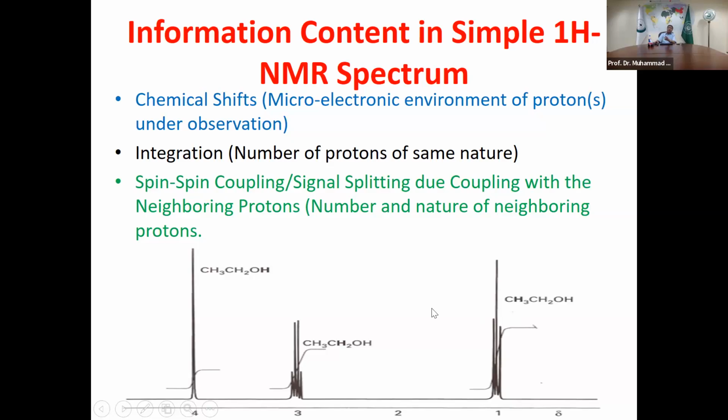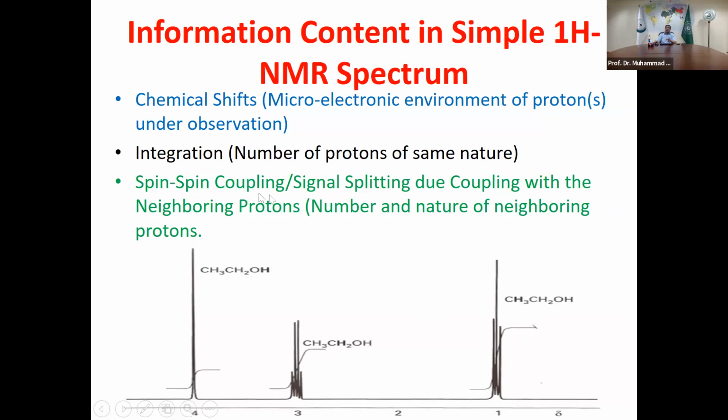So you can see that this ascending line is 3 times this one, and this is 2 times versus this one. So it can tell you that these are 3 protons versus 2 protons versus 1 proton.